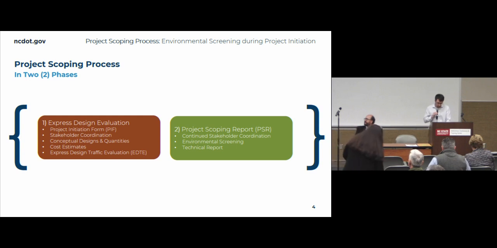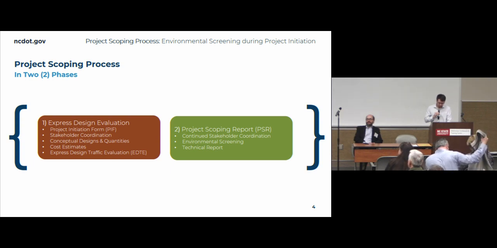The project scoping report will provide project background, more detailed environmental screening data, and documentation for NCDOT management to use in determining how the project will proceed into project development. Ultimately, the final product is the project scoping report, the second item, which is a compilation of all the information gathered and prepared as part of this process.